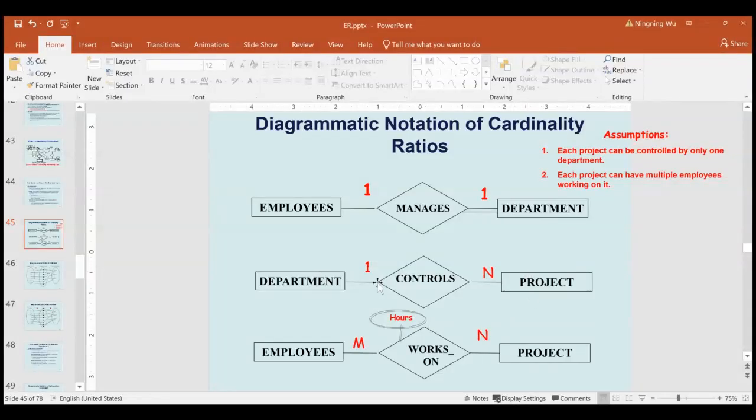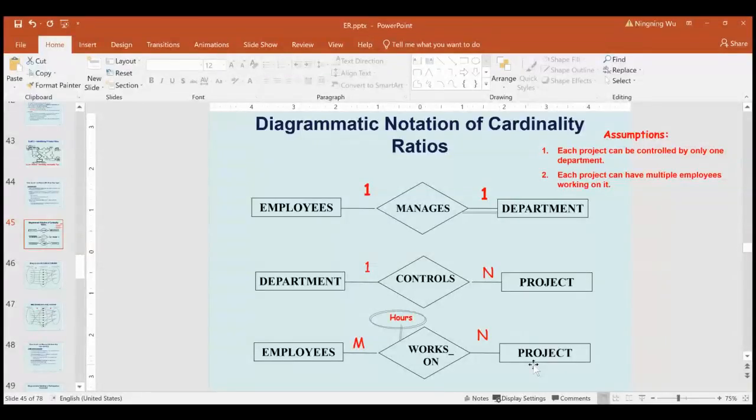The last one, employee works on project. We have M and N, so that indicates this is a many-to-many relationship type. The N on the right side indicates that an employee can work on many projects.